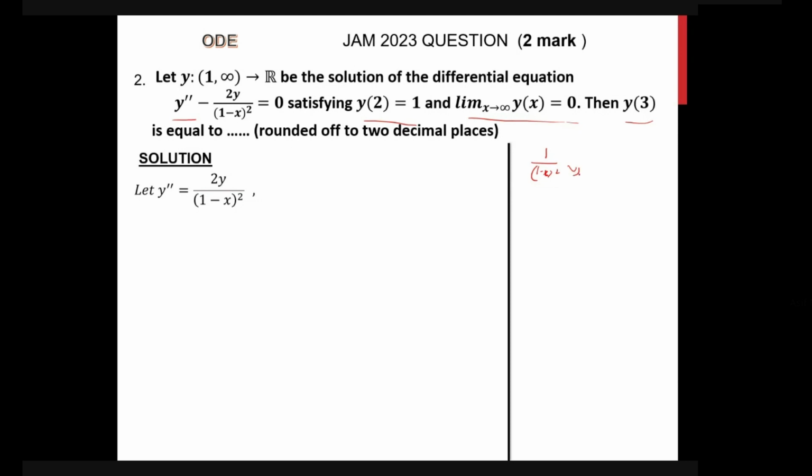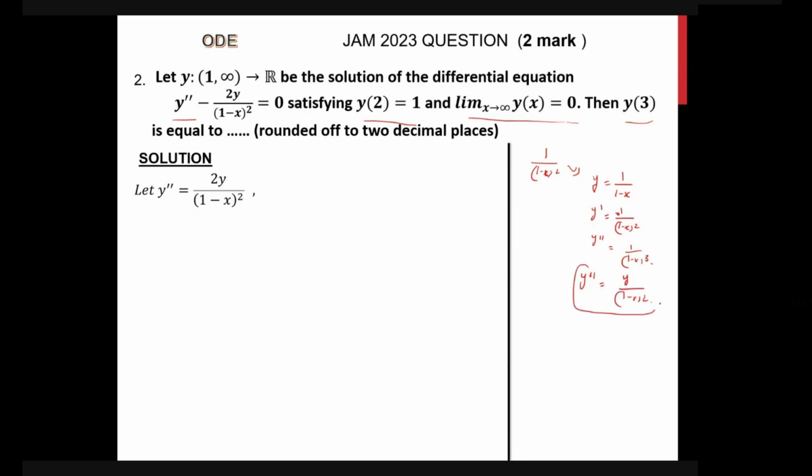By guessing, I take y equal to 1 by (1 minus x). Then I find the derivative, that is 1 by (1 minus x) all square, and the second derivative is 2 by (1 minus x) all cube. This is equal to y double dash is equal to 2y by (1 minus x) all square.